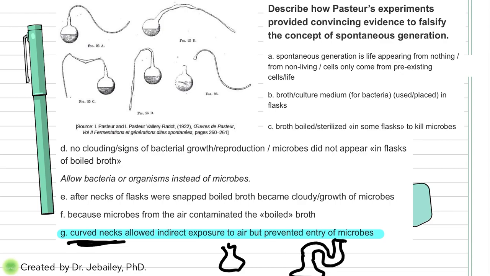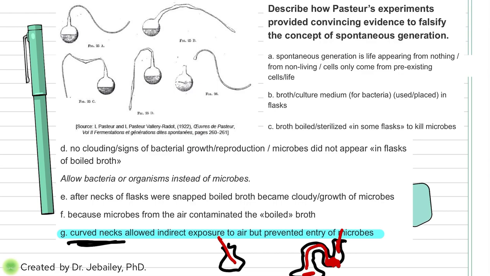So when you have a curve like this, the microbes can try to come in, but they will land here. They cannot fly up again and go down to get into the broth. So with these curved ones, they usually land at the bottom and never reach the broth, while here they can just go straight in. That's what is meant by the curved necks.